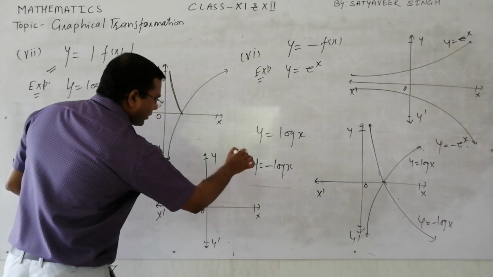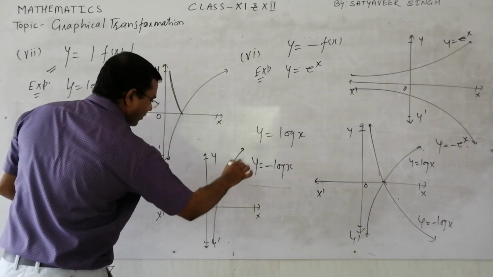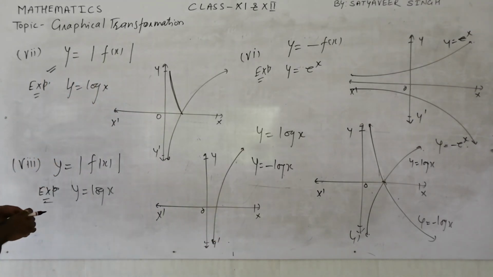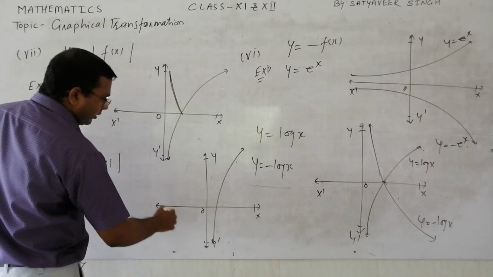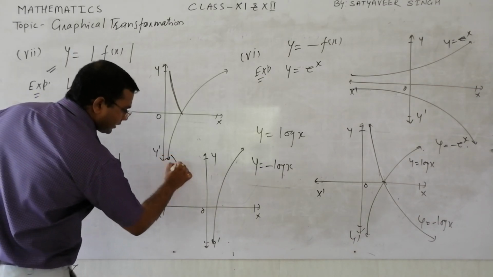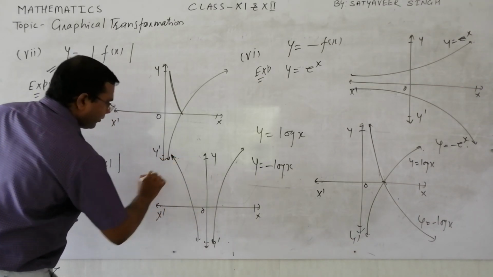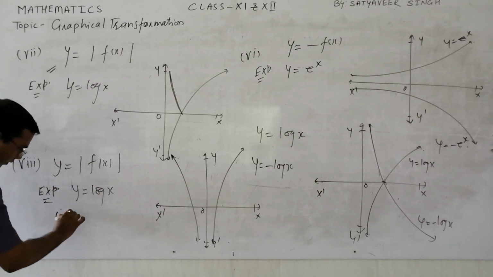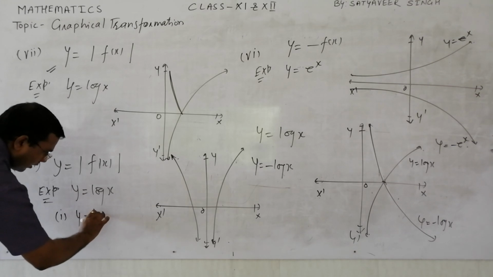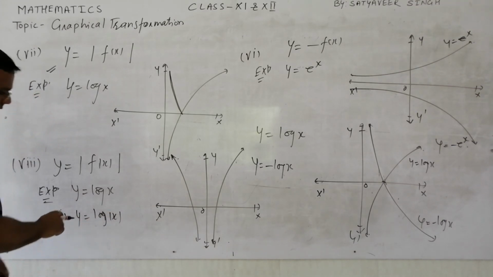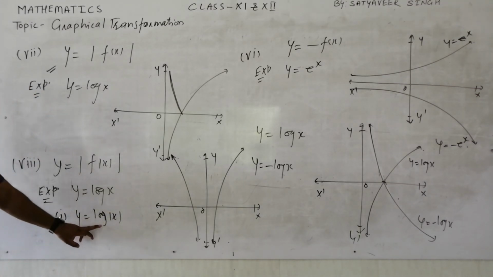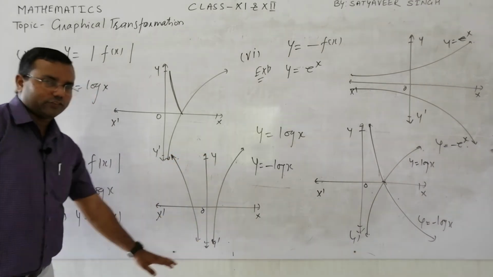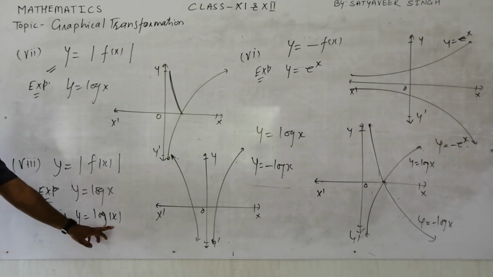We can first draw the graph of log x and the graph of modulus log x. The first part is y is equal to log modulus x. If you draw y is equal to log modulus x, it will be like this.